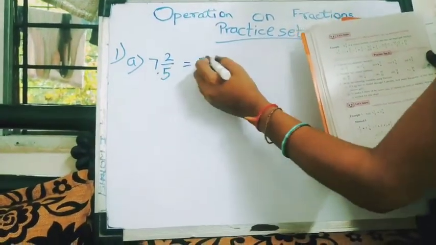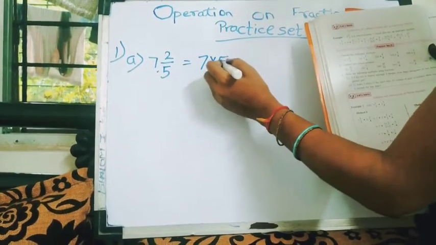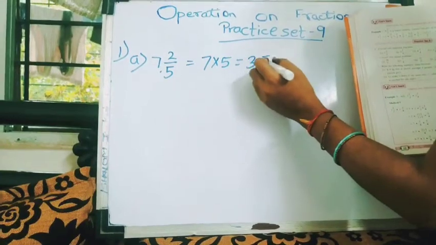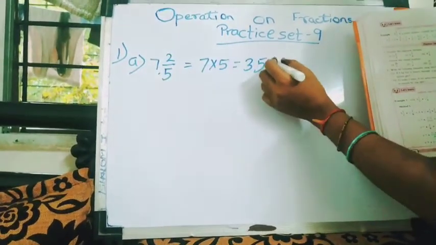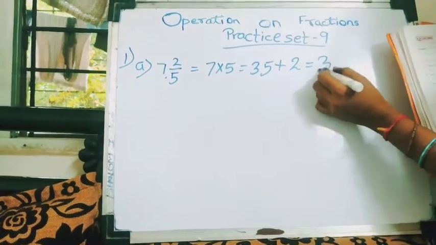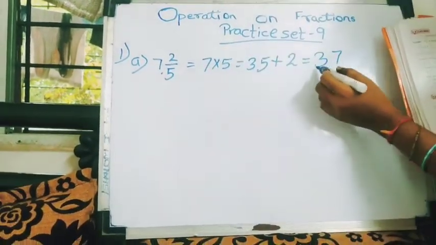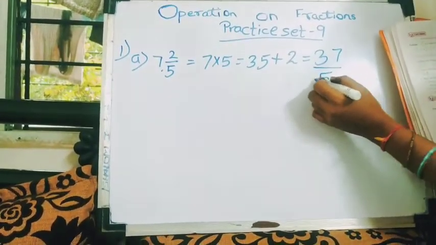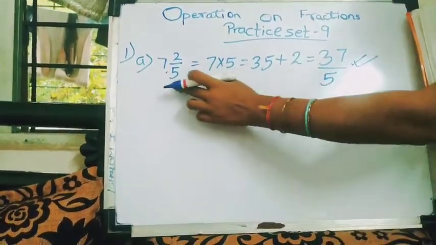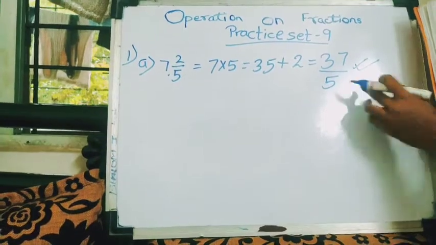It means at first multiply 7 into 5, how much? 7 5s are 35. Okay, and again add 2. How much? 35 plus 2, 37. It means it comes 37 by 5. This is the answer.